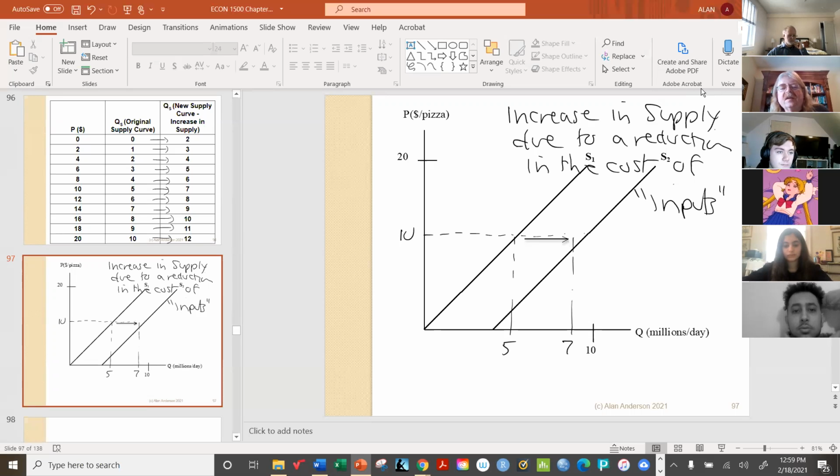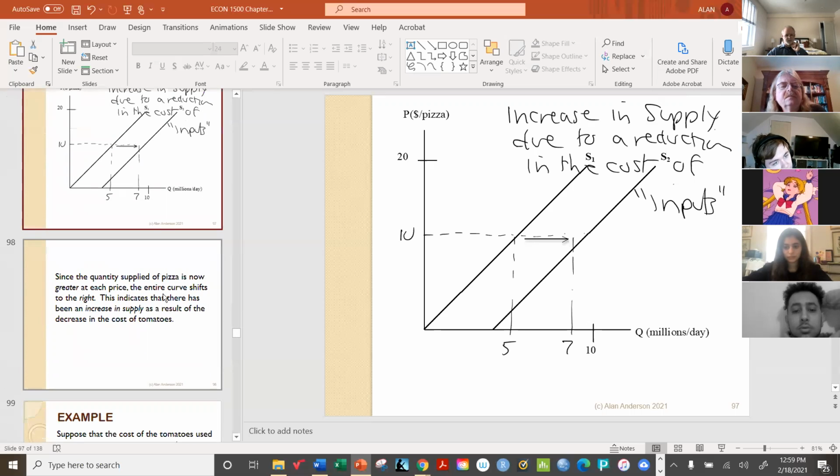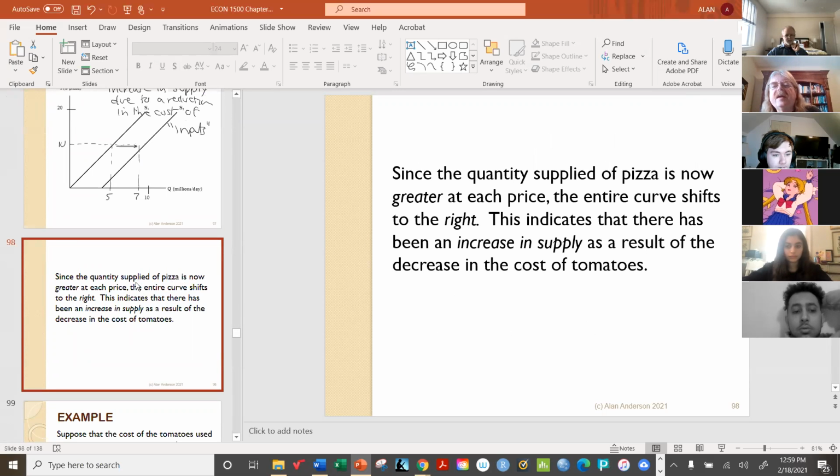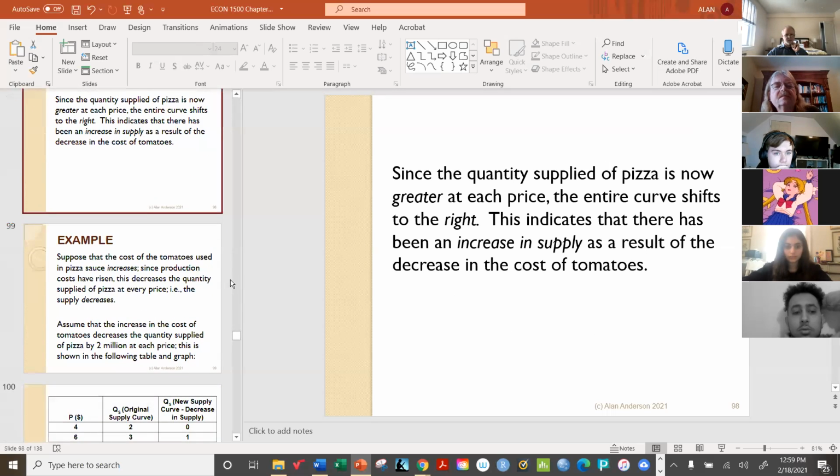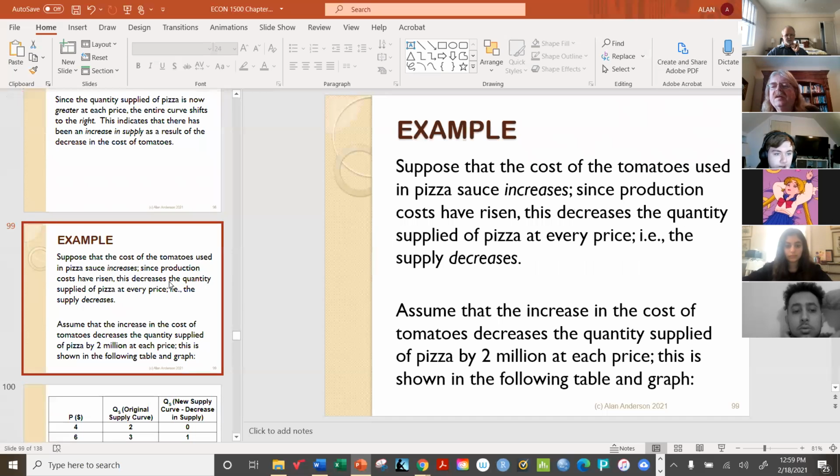And now here's the beauty of this. When we bring it together, well, actually, we'll consider that in a minute. Why don't we switch this around and see what happens if the price of the tomatoes goes up? All of a sudden it's more expensive to make pizza because the cost of the tomatoes went up.